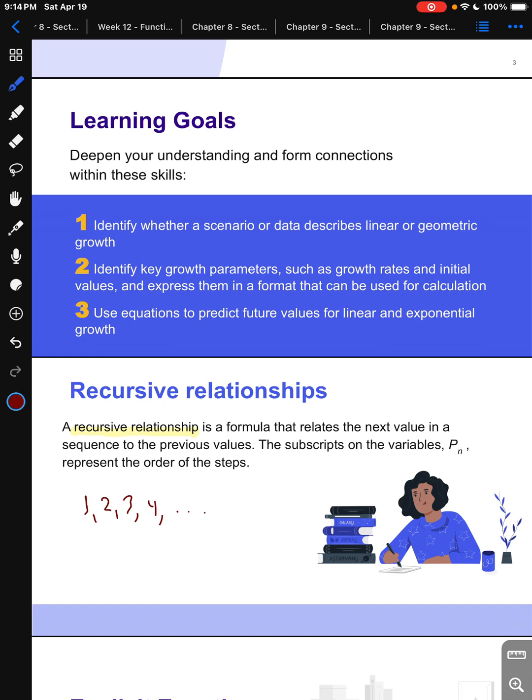So we would say that the next value relates to the first value by adding 1. So p sub 0 is 1, p sub 1 is 2, and p sub n will be the previous number, which we'll call n, plus 1. So it relates to the next value.